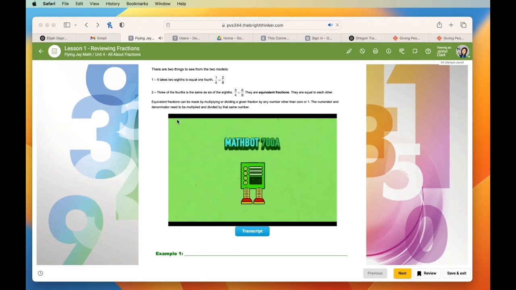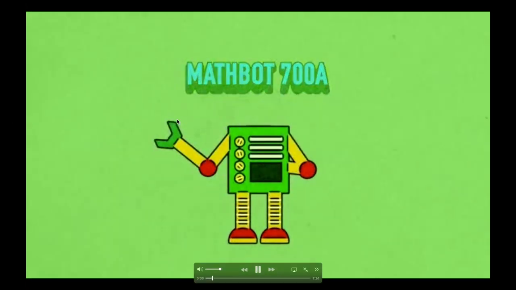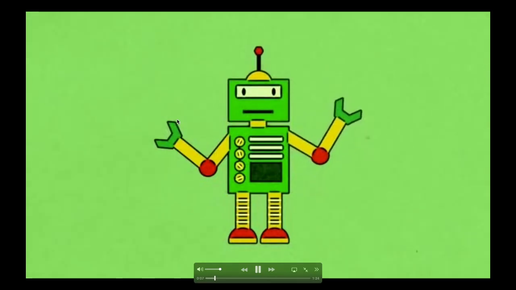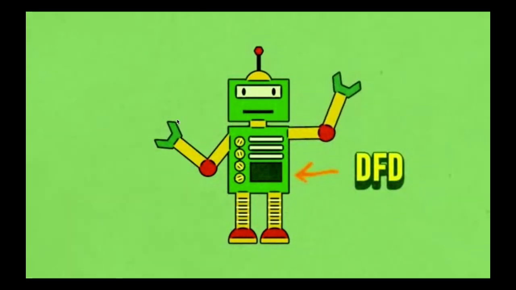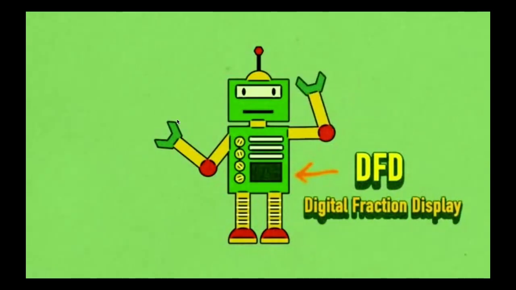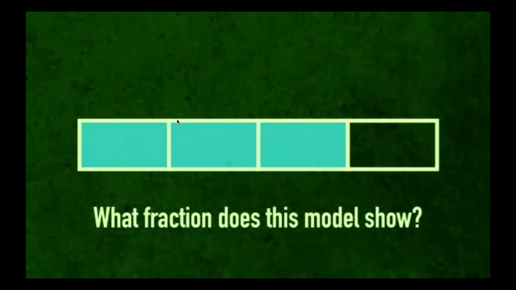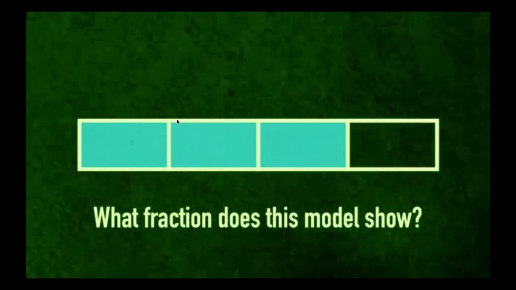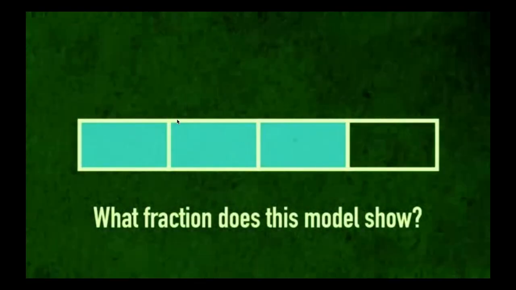The MathBot Model 700A offers a wide range of functionality, including DFD or Digital Fraction Display. Here's an example. What fraction does this model show? It is divided into 4 equal parts.